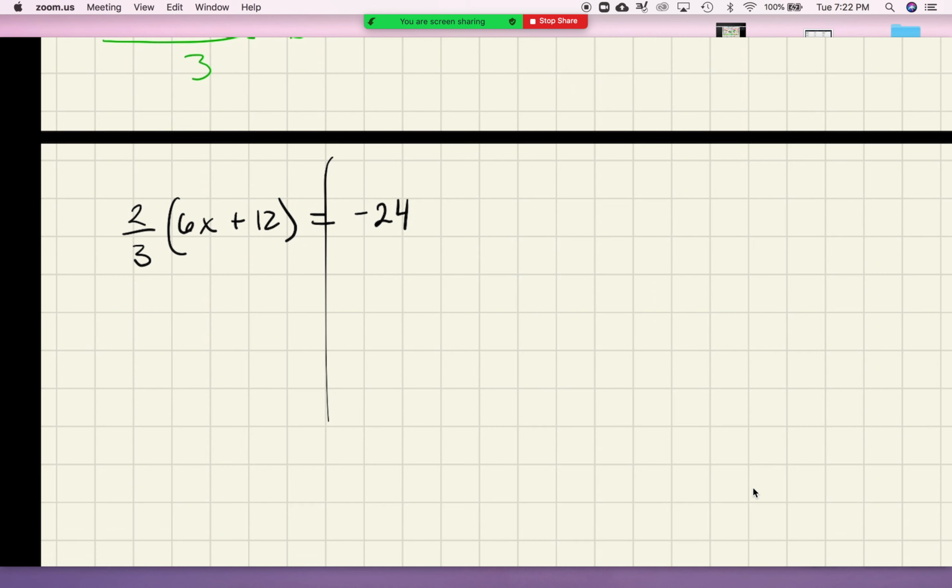The 2/3, yeah, because the parentheses groups the 6x and the 12 together. They're the closest to the x. So the thing that's farthest away is this 2/3. So we got to deal with the farthest away first.